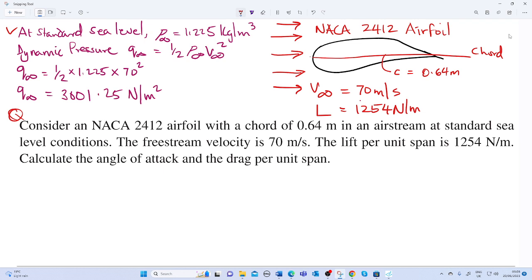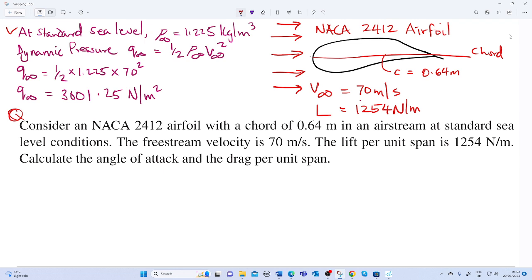So therefore, the dynamic pressure equals half of the density times the velocity squared.